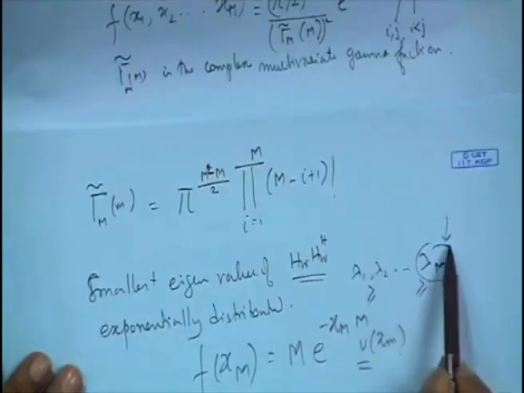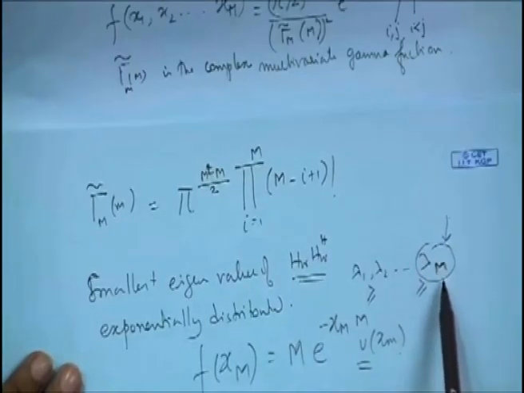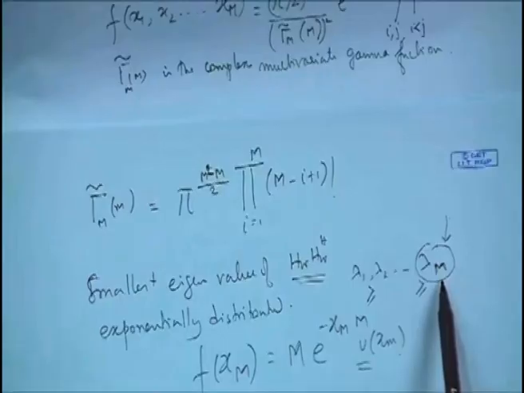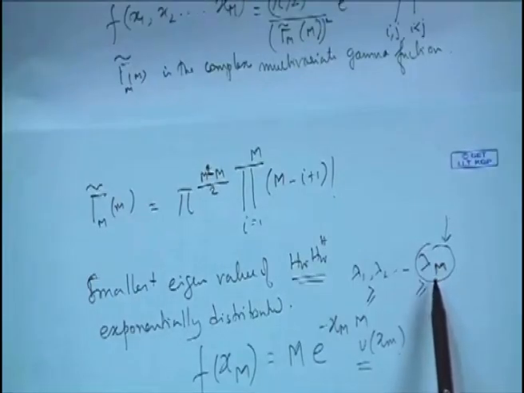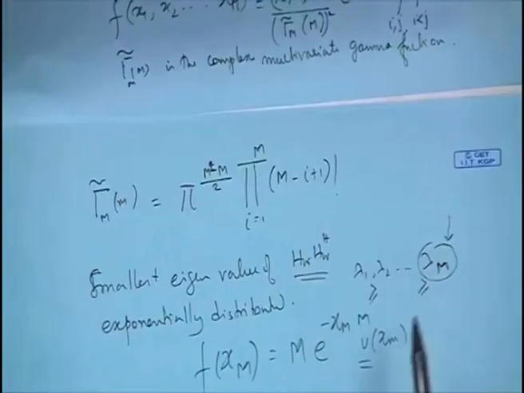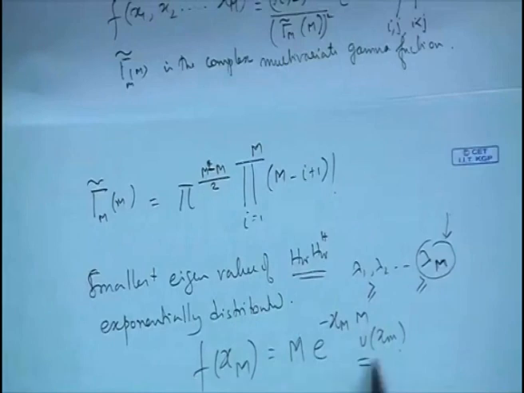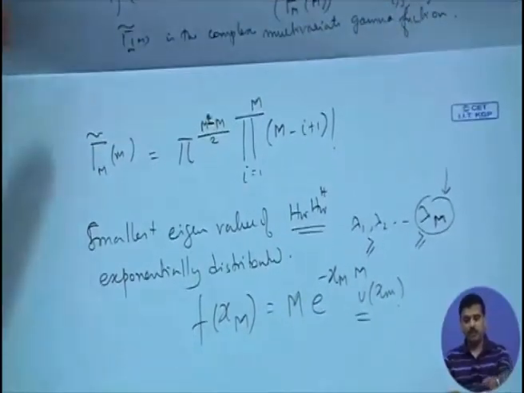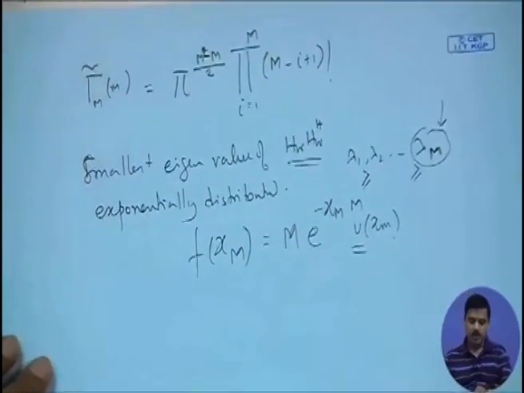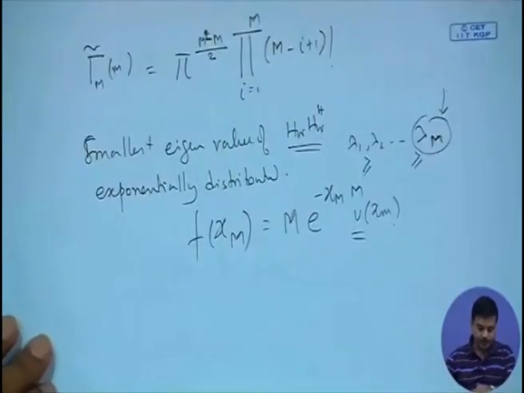If we take the minimum of it, that means we are talking about the minimum mode of the channel. What we are saying here is that the strength of the minimum mode of the channel is distributed exponentially. So if we have to calculate the outage, we could probably use this expression in order to calculate the outage probability of the minimum mode of the channel.